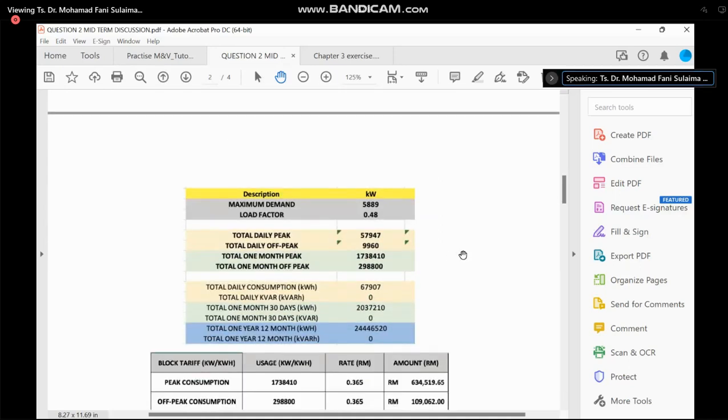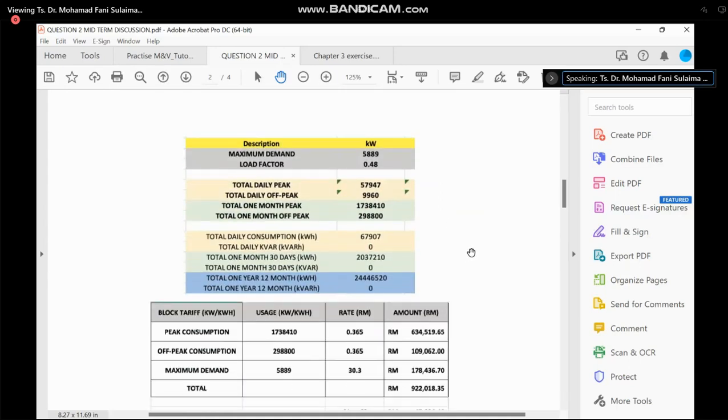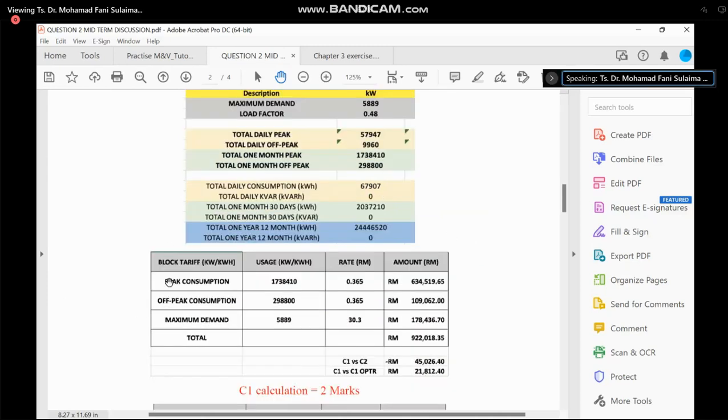So let's calculate the cost for every single period. For example, peak consumption for 1 month, you can multiply with 0.365. This one is for C1, the C1 flat tariff, and identify the maximum demand.